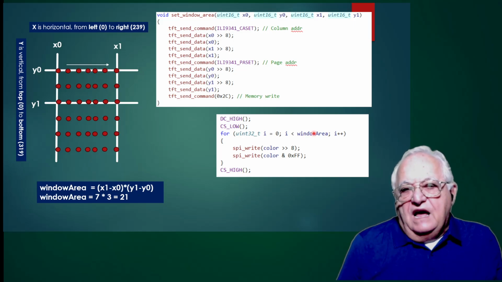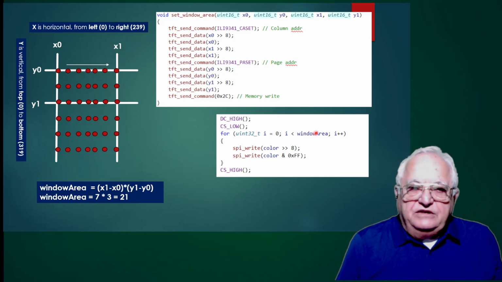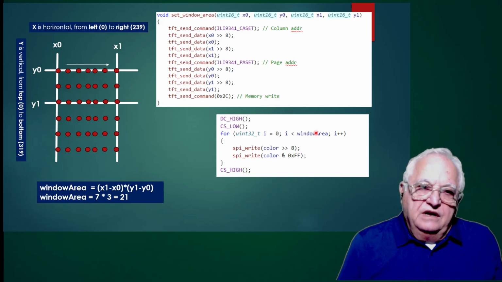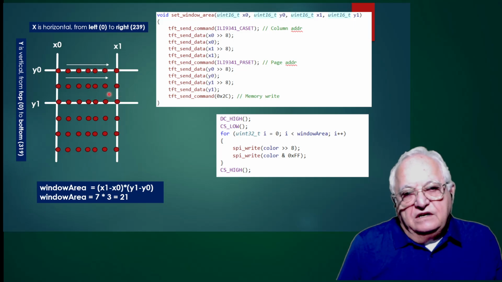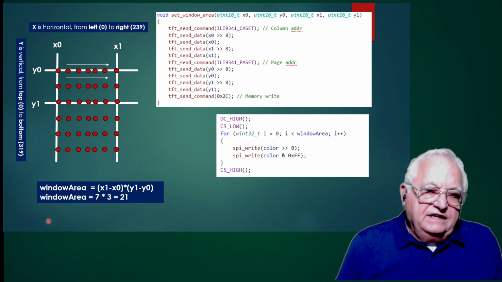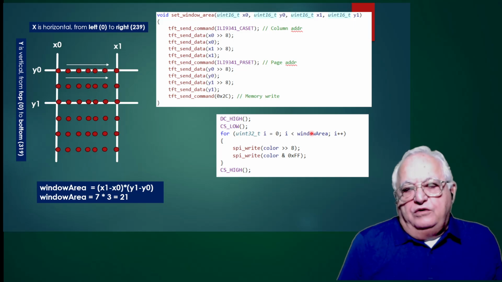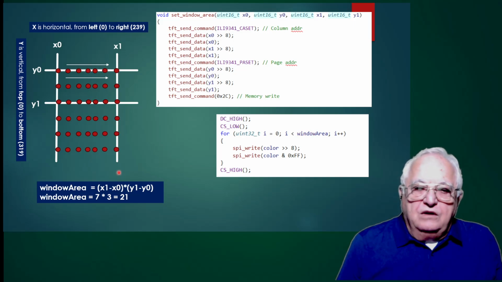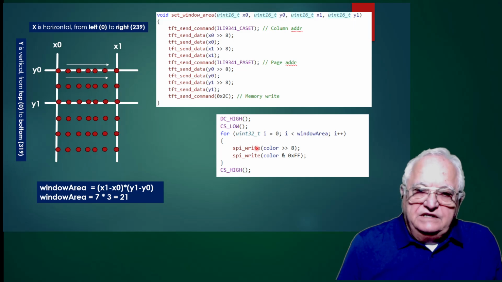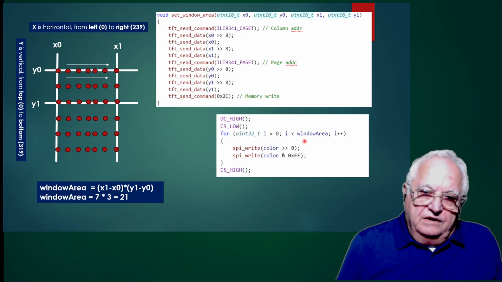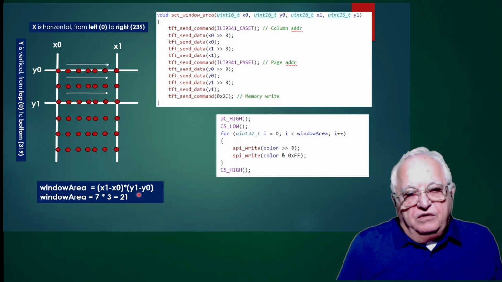Now, if, for example, I'm interested in my window area being 14, then I would put 14 here, and I would have these 14 pixels come on. Now, what I'm usually going to do is calculate the area, and then you go to this loop, the number, which is 21 times, which is the area or the number of pixels.